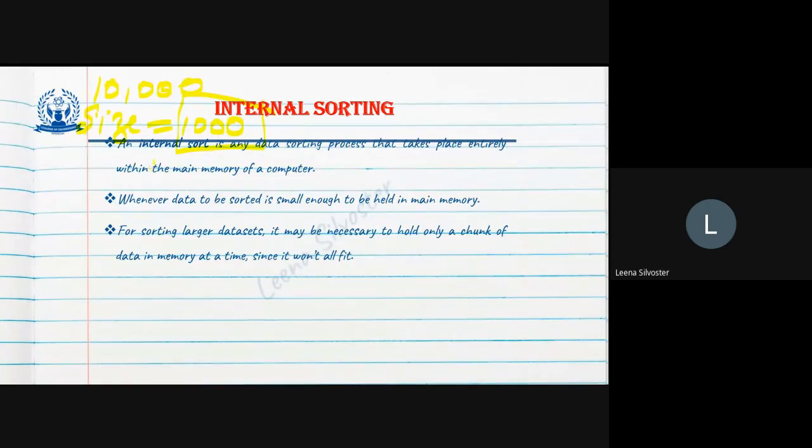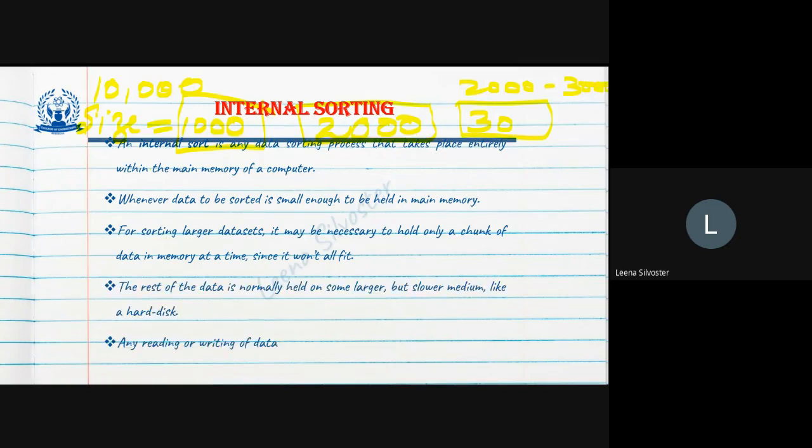After that, you can remove that data from the main memory and load the next 1,000. Then you can load the next chunk, that is 2,000 to 3,000, and like that it will be continued.